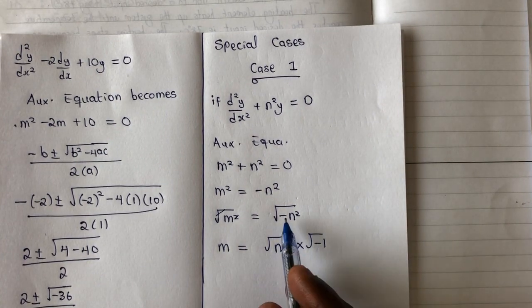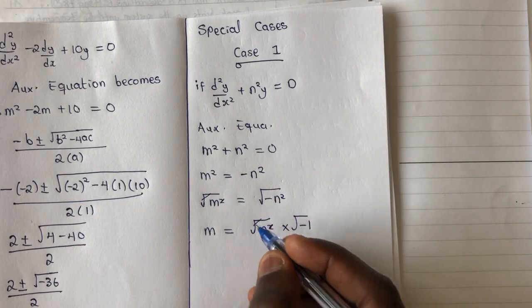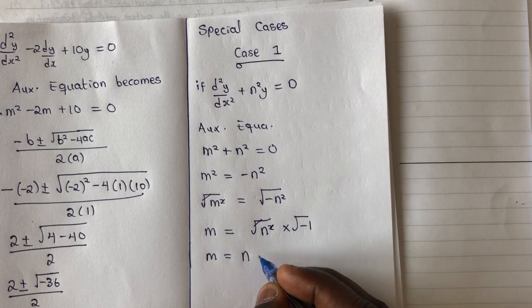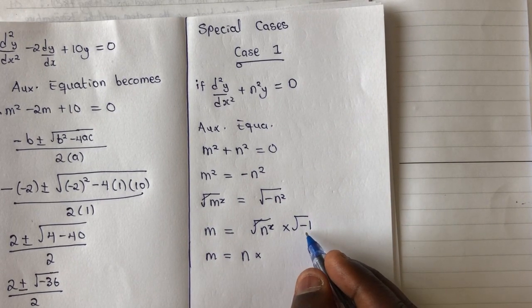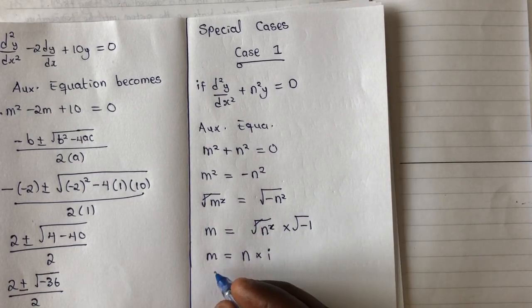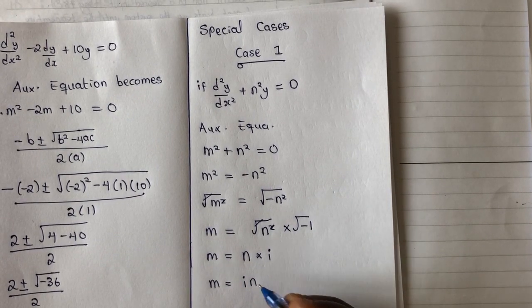So when I multiply this, I generate this. Now this will take care of this. So m equals n times, root of minus 1 is i, the complex i. So m equals, let me see, i n.